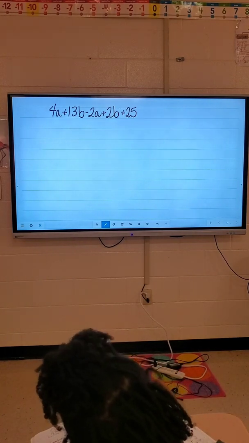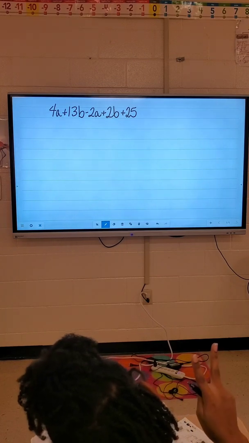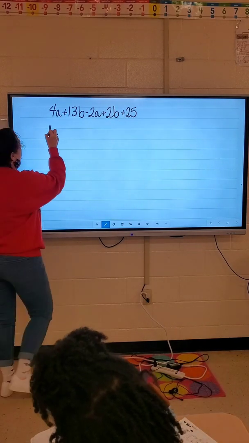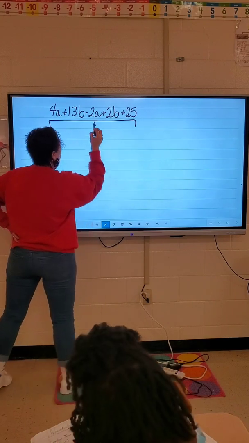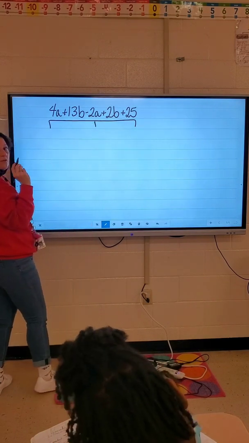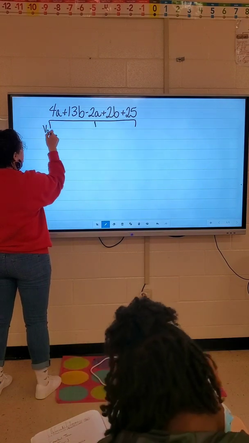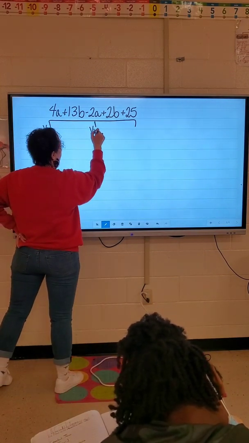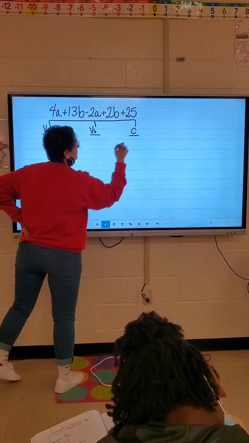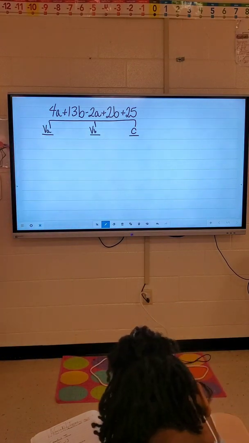How many variable terms do you see? 2. All right, so my tree map is going to look a little different. It's going to be a 3-leg because I've got variable terms A, variable terms B, and then constants.